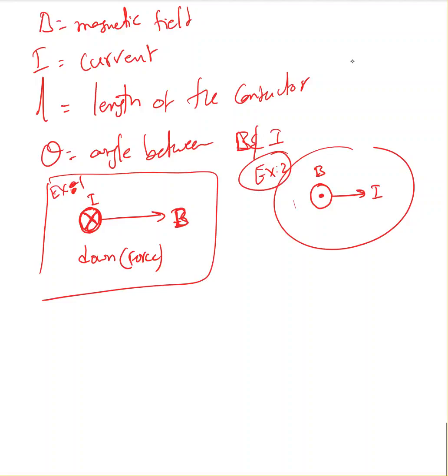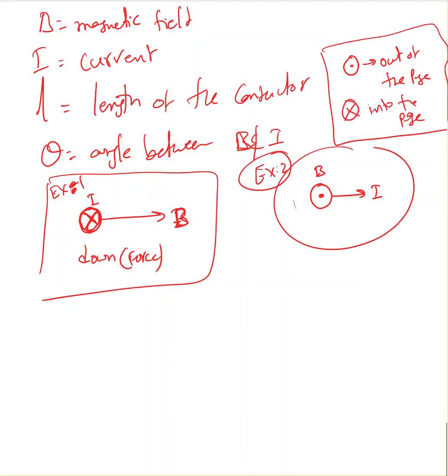Dot indicates, as I mentioned, a vector coming out of the board, out of the page. This is into the page. You need to remember this. We're going to do lots of examples by using these vectors. Here also the force is going to be towards down, F in the downward direction.